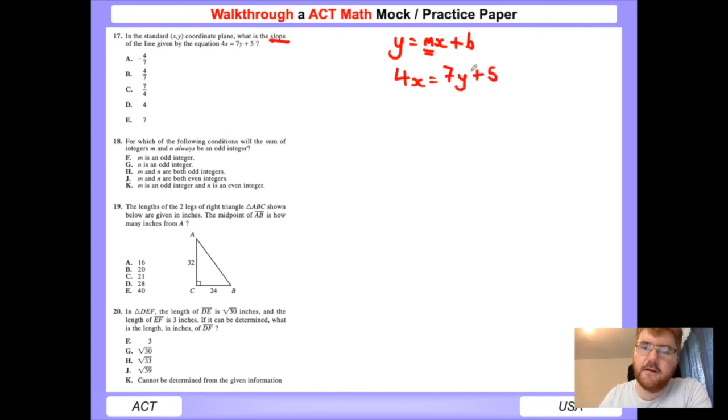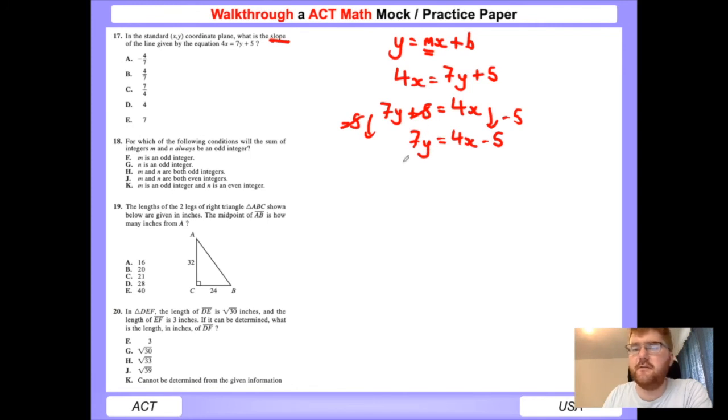Plus 5. So the first thing I would do is flip the equation, which you're allowed to do because there's an equal sign here. And then we want to get y on its own, kind of like solving. So we need to get rid of the 5 first. So what's the opposite of plus 5? Minus 5 on both sides. That gives us 7y is equal to 4x minus 5. And then what's the opposite of timesing by 7?